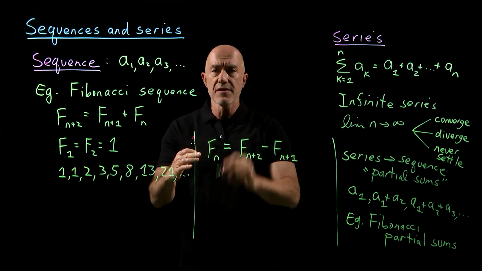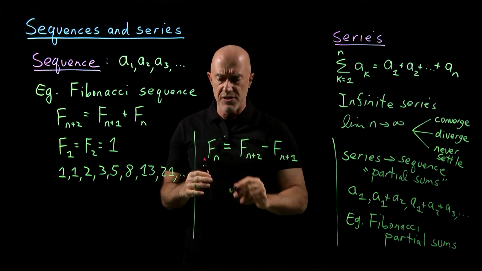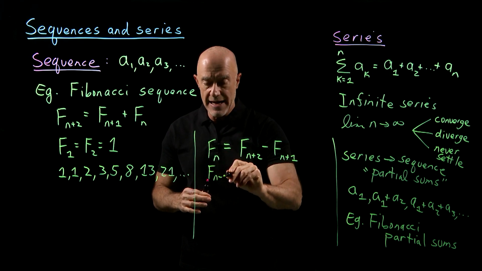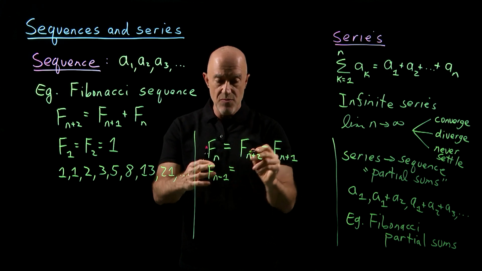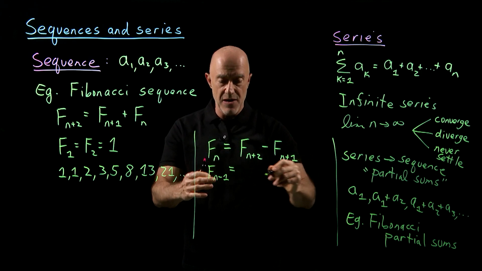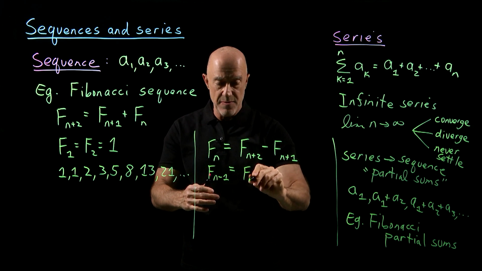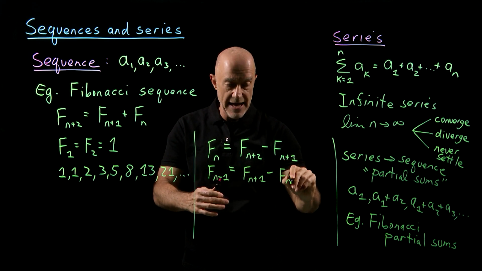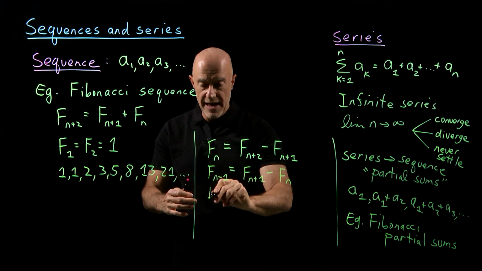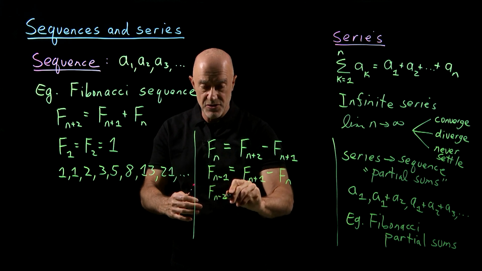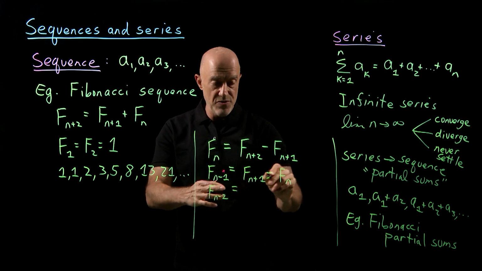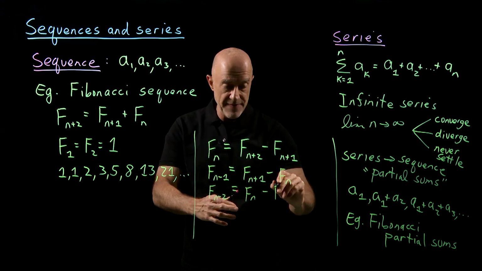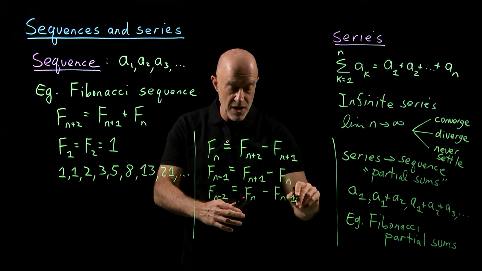We want to find the sum of the first n Fibonacci numbers. So below here, we can write f sub n minus 1. And then we shift all the indices down by 1. So this would be f sub n plus 1 minus f sub n. The next term would be f sub n minus 2, and that would be f sub n minus f sub n minus 1.